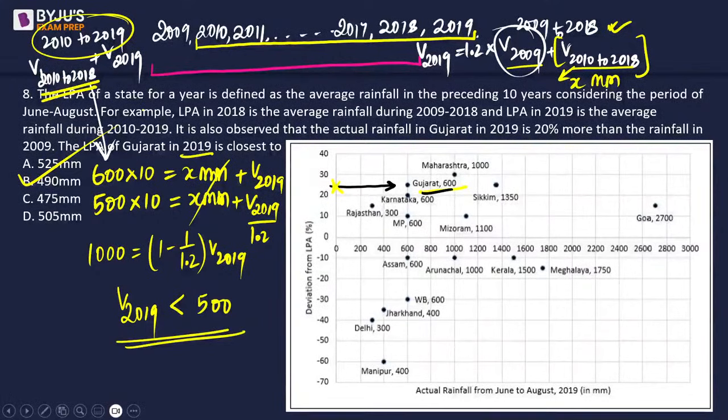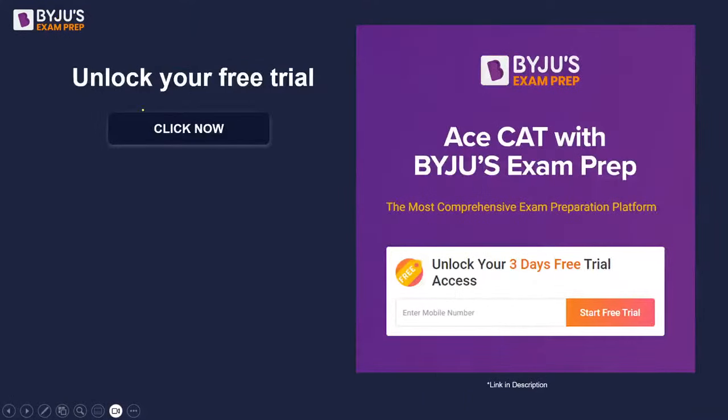It's not going to get divided. Approximately or closest to 490 होगा. 500 से थोड़ा कम हो जाएगा. So the answer is going to be B. Right? So we had to convert 2009's value back to 2019.